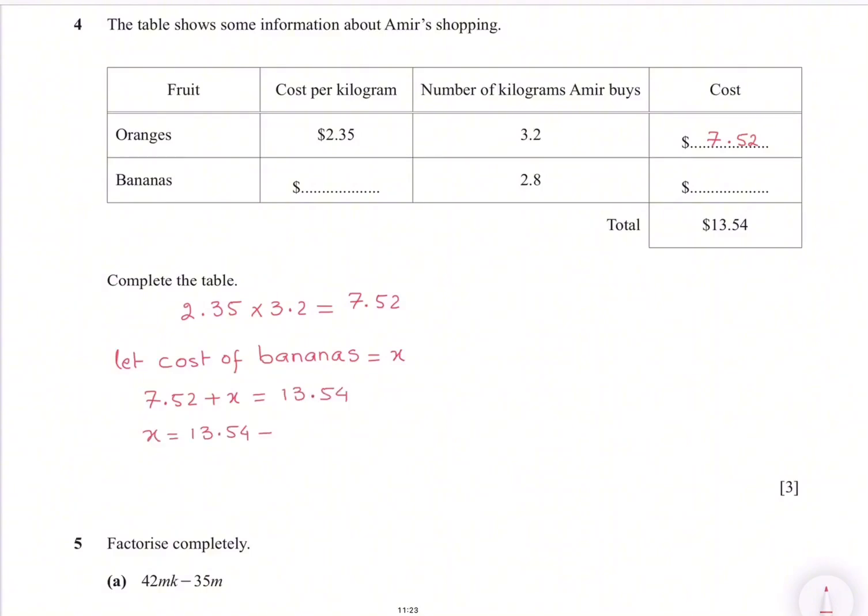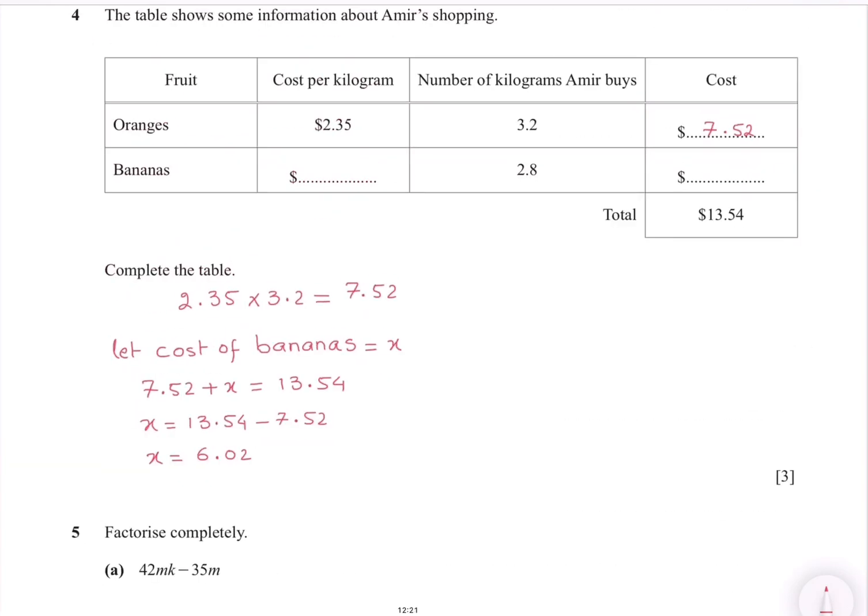So from here x is equal to 6.02. Now the cost per kilogram of banana is left. So you just divide 6.02 by 2.8 and you will get the cost per kilogram of banana, 2.15.